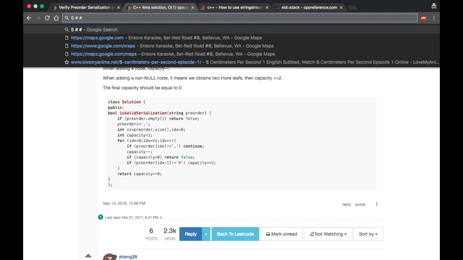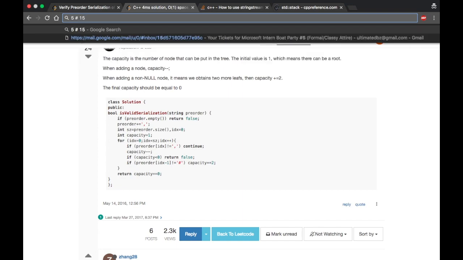And if you have any more, then it's false. So when, let's say instead of a hash you put 15, you still subtract by 1 because it fulfills the capacity given by 5. So it's like plus 2 minus 1 minus 1. But because of this 15, you have to add 2 again. So yeah.